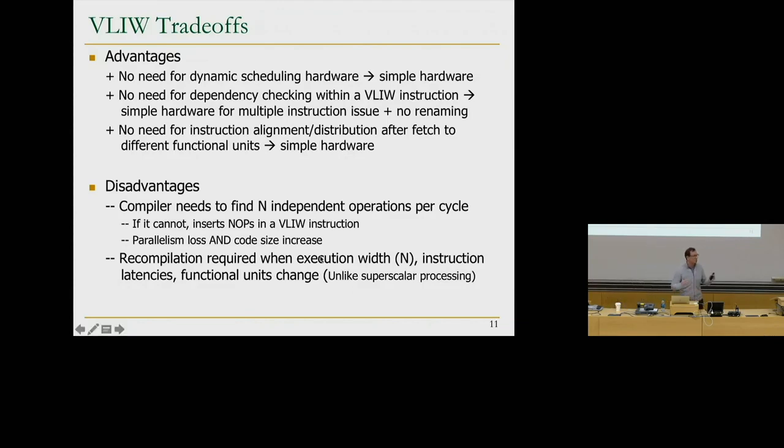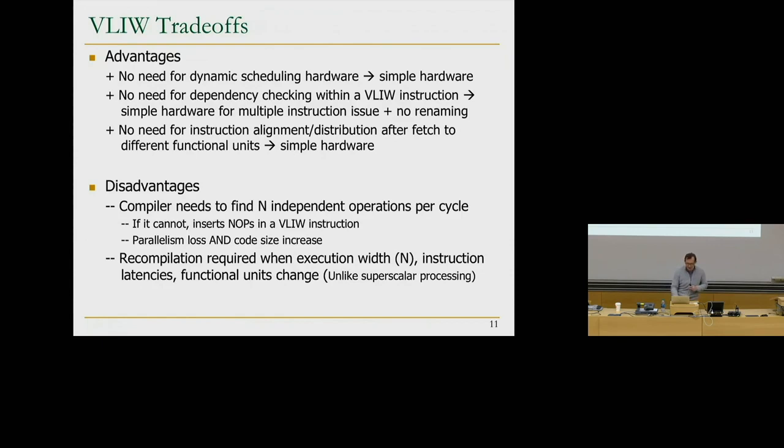So whenever the machine's execution width changes in the next generation, you go from 4 byte to 8 byte, you go from 7 byte to 28 byte, well, you need to recompile the code, right? And also, whenever your instruction latencies change, whenever your functional units change. So this is actually a little bit heavy. Whenever something changes in the machine, you need to recompile your code. And if your philosophy is very, very pure, in the sense that the hardware doesn't do anything, then this compilation burden is very high, because anytime something changes in the machine, you need to recompile your code.